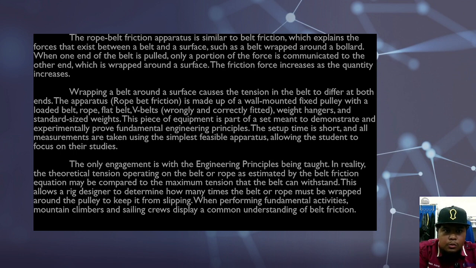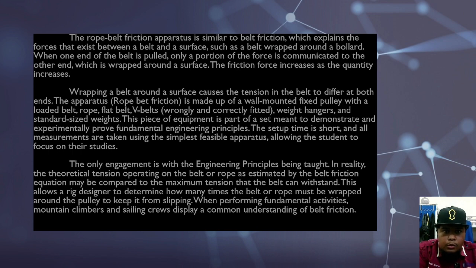The rope belt friction apparatus is made up of a wall-mounted fixed pulley with a loaded belt, rope, flat belt, and V belt, with weight hanger and standard-size weights.